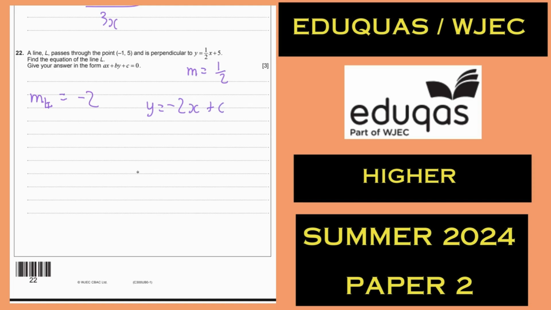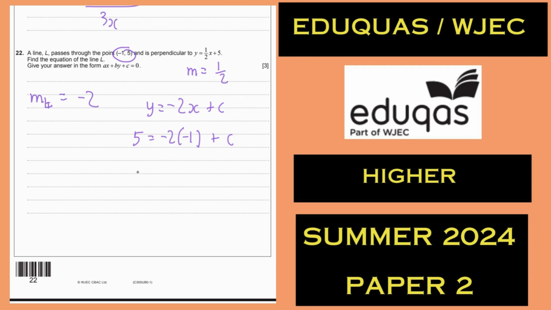What we do need is the intercept, the c. The information we have been given: if you replace y with 5, you can replace the x with -1. -2 times -1 is +2.